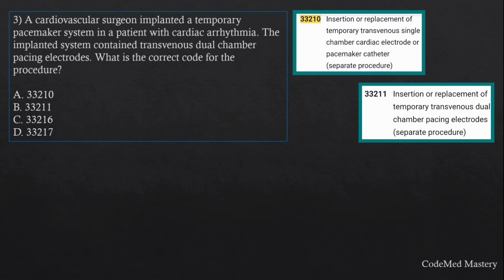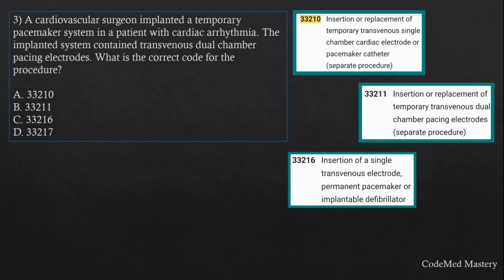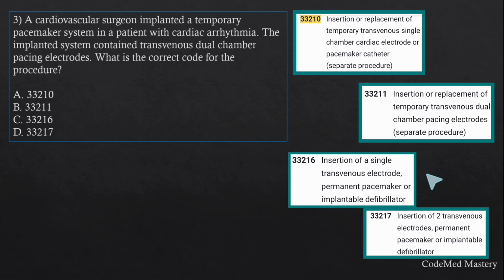Option C 33216 is for insertion of single transvenous electrode permanent pacemaker or implantable defibrillator, and option D 33217 is for insertion of 2 transvenous electrodes permanent pacemaker or implantable defibrillator. In the question they have mentioned surgeon implanted temporary pacemaker system in a patient with cardiac arrhythmia.